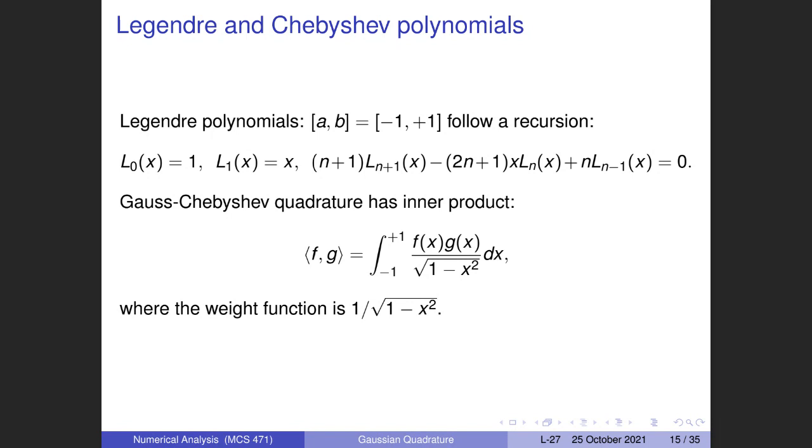So Gauss-Chebyshev quadrature is very good at treating improper integrals, where the endpoints of the integral are not well defined, for functions that are not well defined. So this is another reason why you may want to consider Gaussian quadrature if you have to deal with improper integrals.